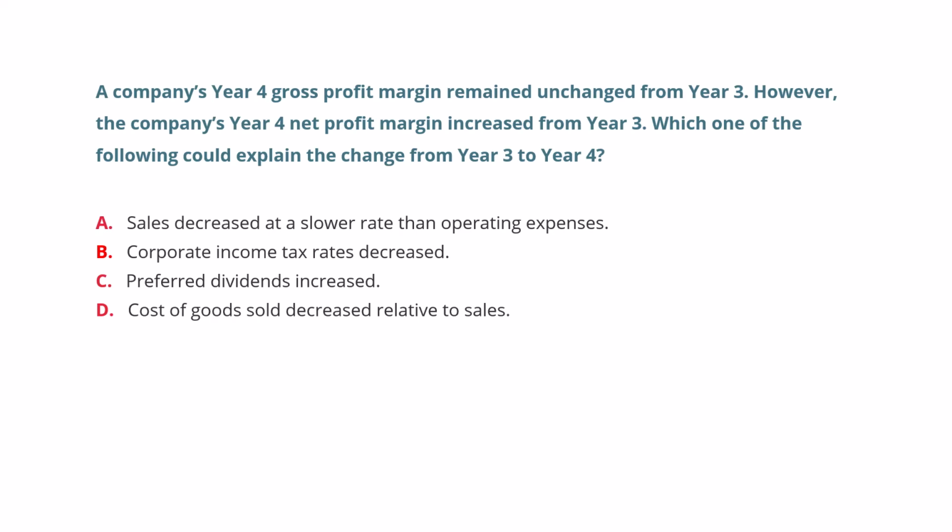If cost of goods sold decreased relative to sales, that could cause the gross margin to increase, but we say the gross margin stays the same, so D is not correct. If sales decrease at a lower rate than operating expenses, net income would go down, which is not the case. So B is the answer for this question.